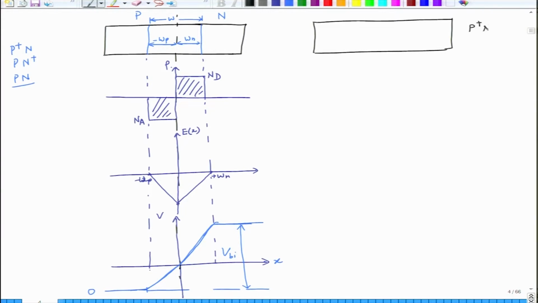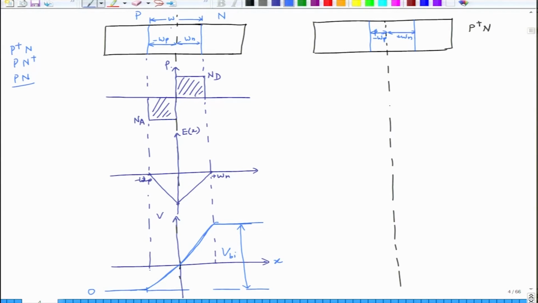Now if you do a comparison with another semiconductor junction, let us say P plus N in this case. This is the interface. What will happen in this case is your depletion region will shrink on this side, and it will remain wide on this side. This is minus Wp, this is plus Wn.